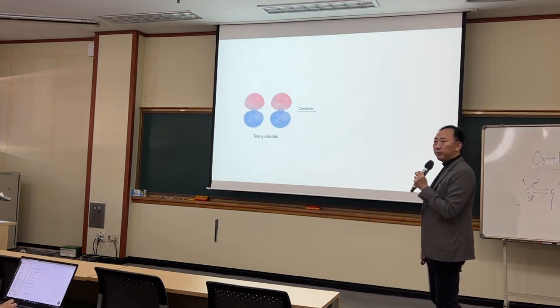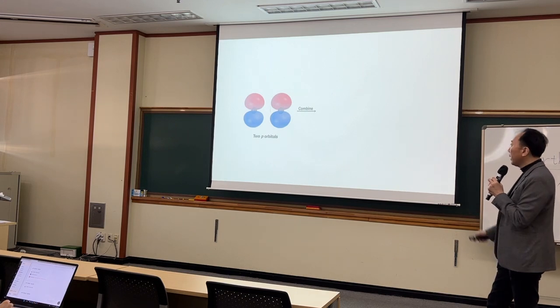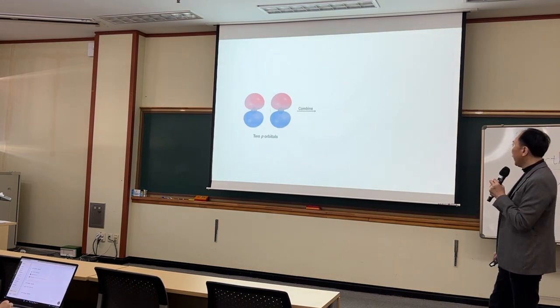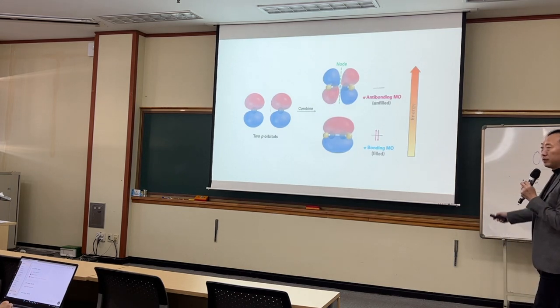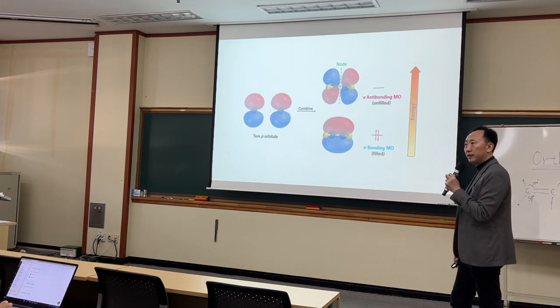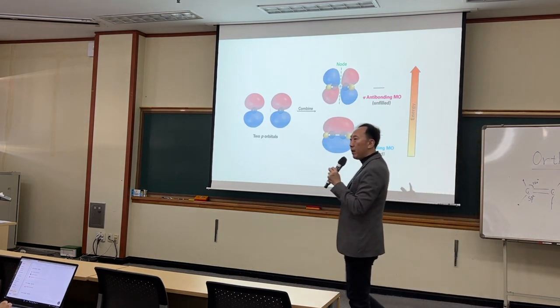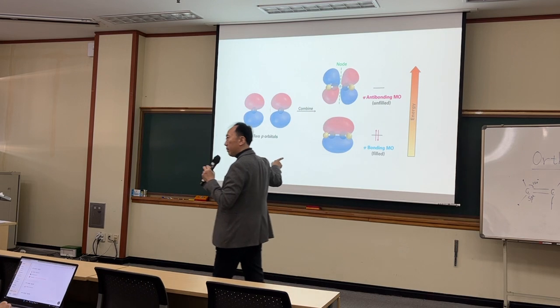Now pi bond. Pi bond, now they can meet this way. Red attracts to each other, blue attracts to each other, and then you can make this pi bond. In the same way, this one can be reversed, with the upper part blue and the lower part red. Then they cannot make a bond. So this is the unstable anti-bonding, pi anti-bonding orbital.